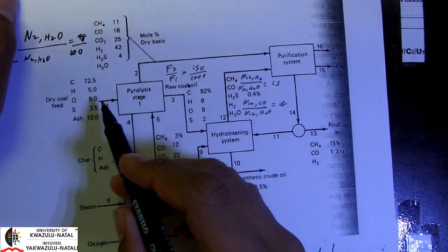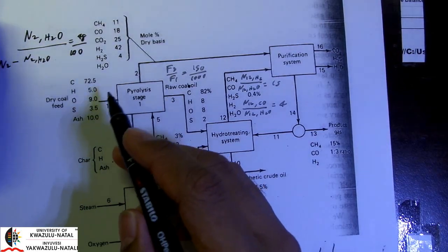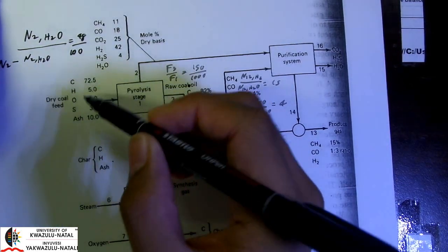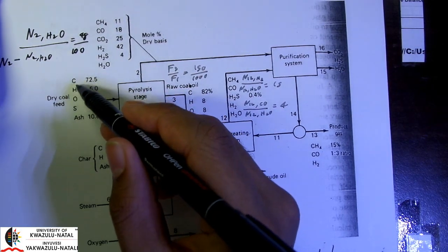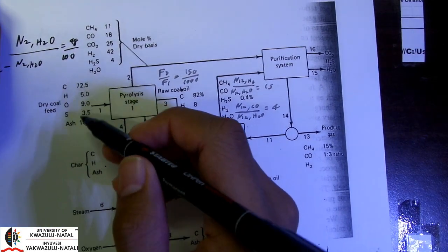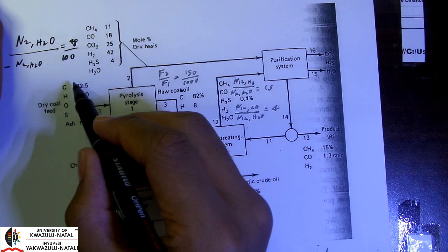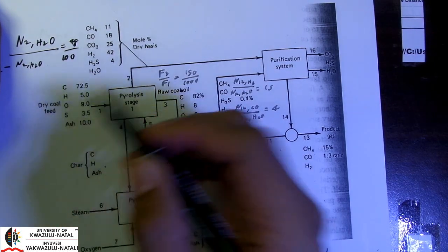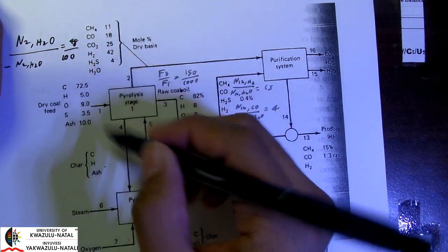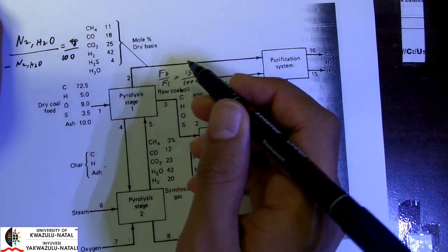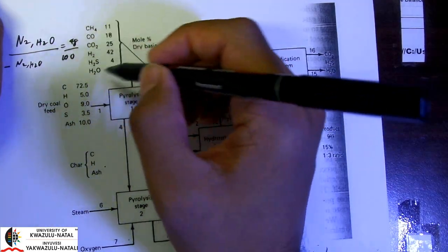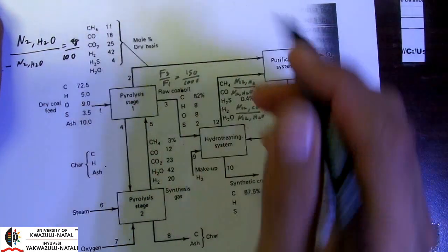Now, in order to use element balancing, we have to first check for the independence of our element balances, and we can do this for C, H, O, and S in each unit, by looking at our various species.